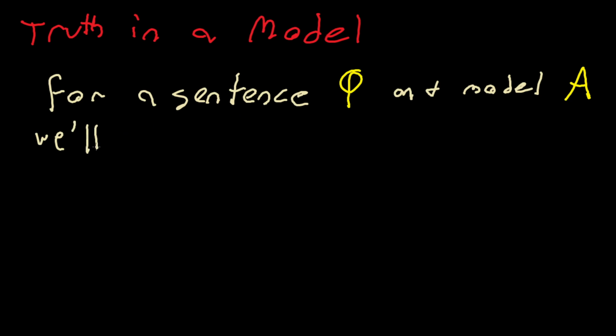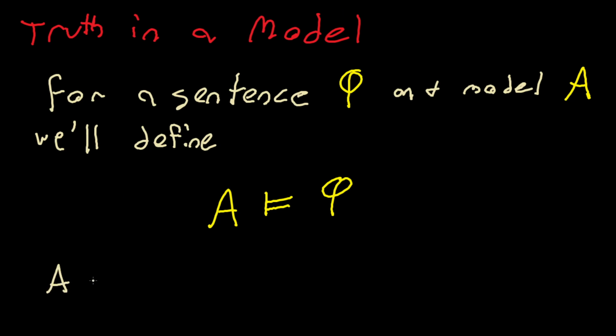So we'll define A models phi. The way you ought to read this is, you could read it as A is a model of phi, or phi is modeled by A. Formally, this is the same thing as saying A is a model of phi.